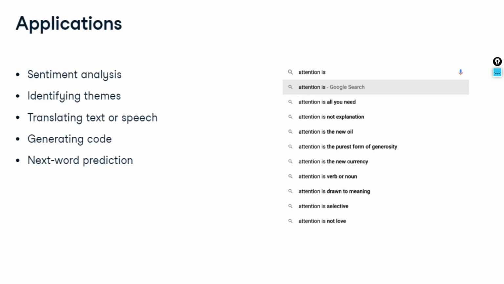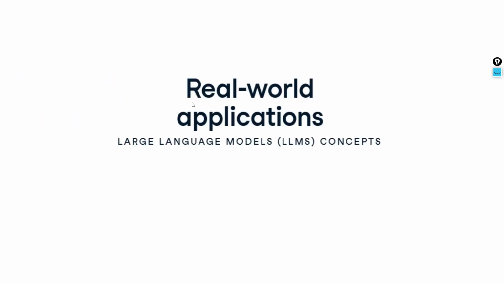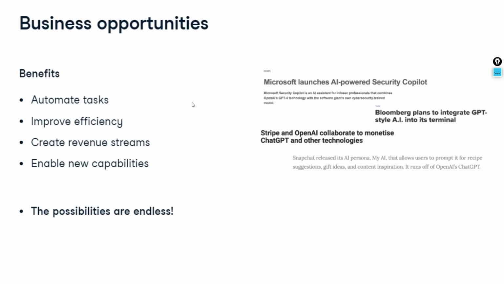Or if you have the X app, you can understand public opinion by doing sentiment analysis on that. Next, identifying themes, and translating language from one language to another, like Google Translate. Then generating code, and expert predictions. All these things are applications of large language models. So let's break this down.